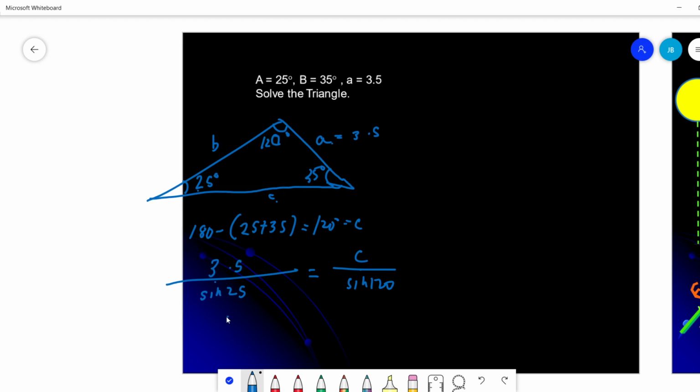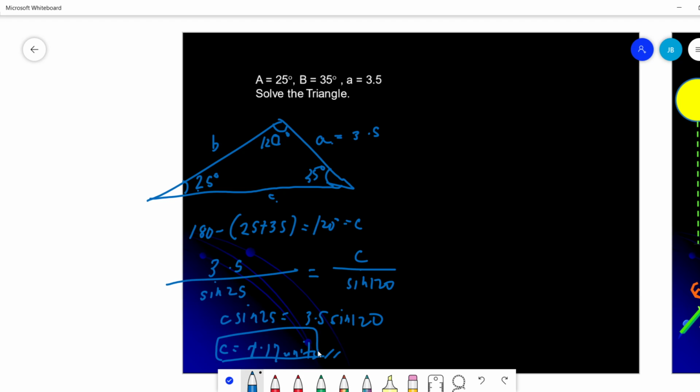So C sine 25 is equal to 3.5 sine 120. Therefore, C is 3.5 sine 120 divided by sine 25. That's 7.17. Since there is no unit, you can just say units. So our C is 7.17 units.